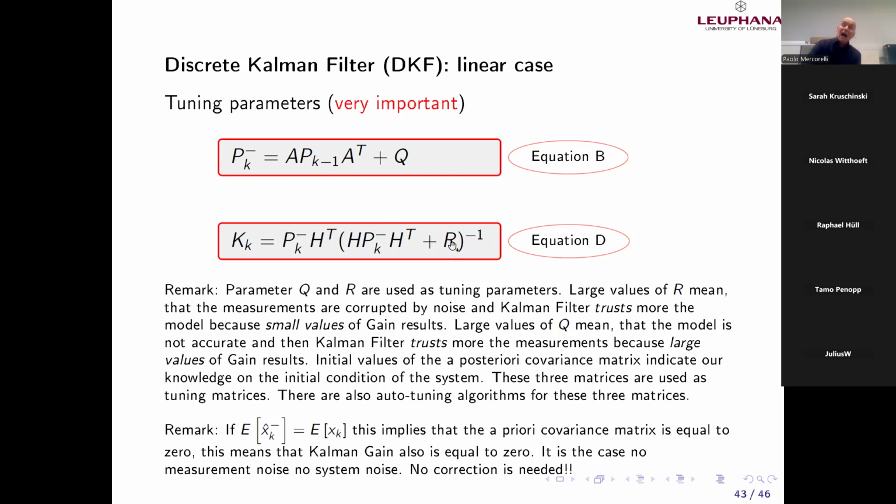A very small R value characterizes very precise measurements, because we assume that the variance of the error in the output equations is very small. This means we trust the measurements. And if R is very small, trusting the measurements means KK is relatively high.